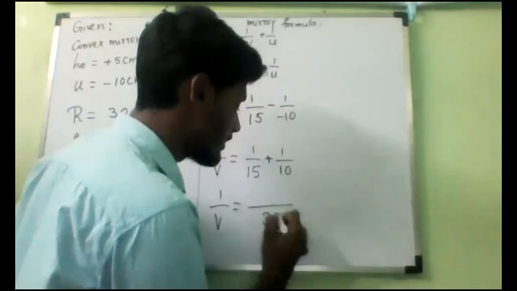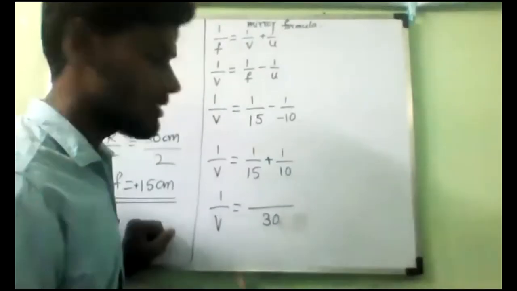Here it will come 2 and here 3. Now 1 by V is equal to 5 by 30, and V is equal to 30 by 5, which is 6 centimeters. So V is equal to plus 6 centimeter.